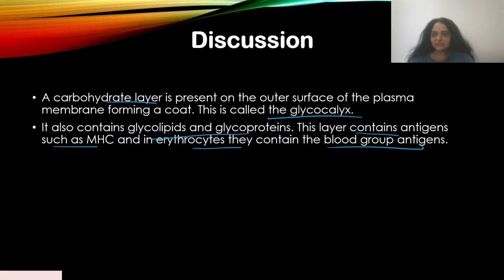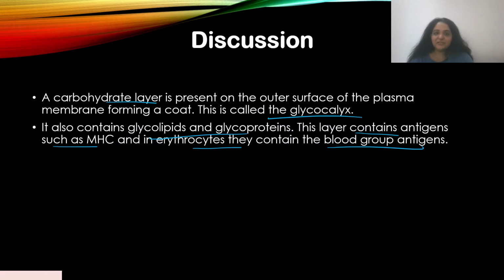I'm not going into details over here on what MHC is. Maybe I'll discuss it later in much more detail. And in erythrocytes, of course, the ABO blood group system, so there are antigens present on it. Now where are those antigens present? That's the glycocalyx. Okay, so they contain the blood group antigens.